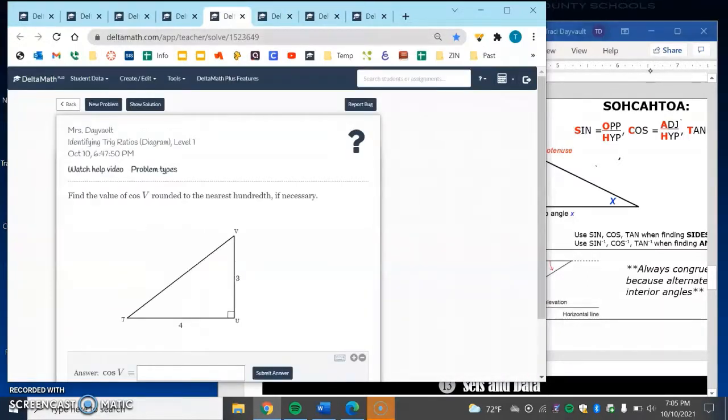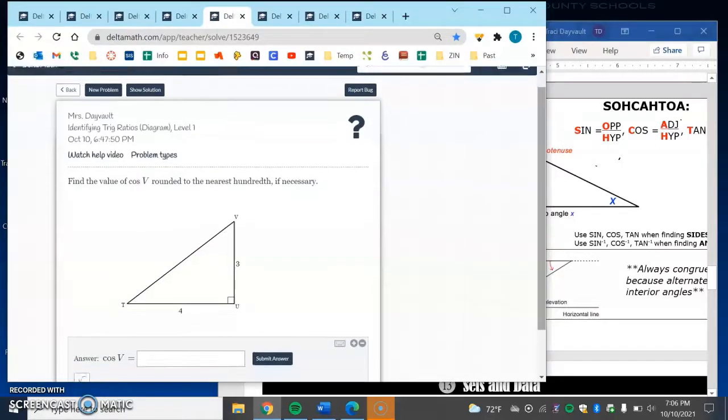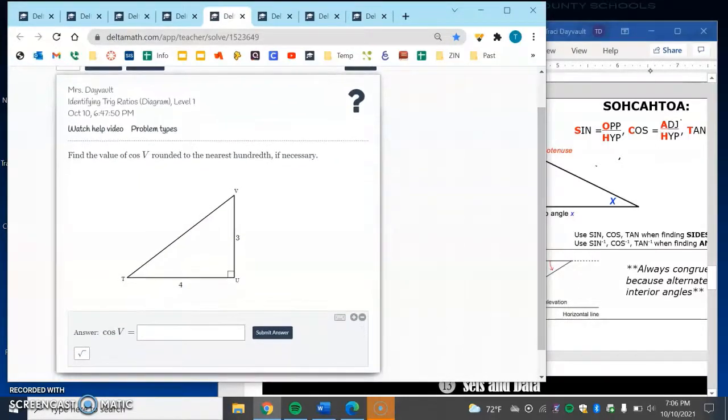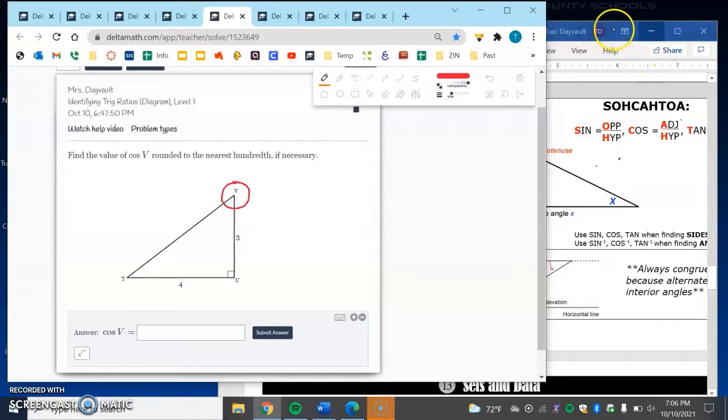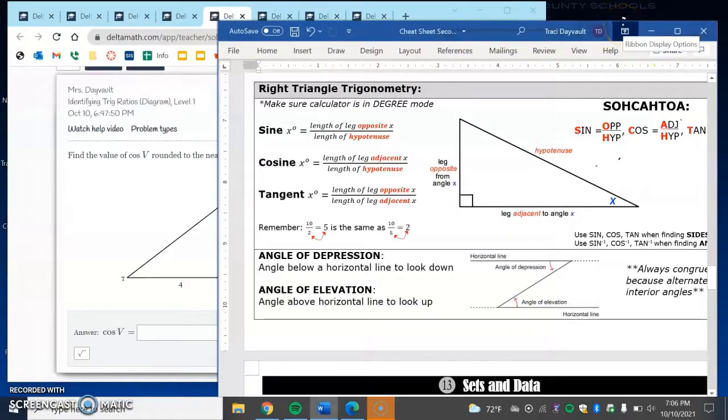All right, some more. Find the value of cosine of V. So again, I'm going to circle my reference angle, which is V. And cosine means I use which sides? Adjacent over hypotenuse.